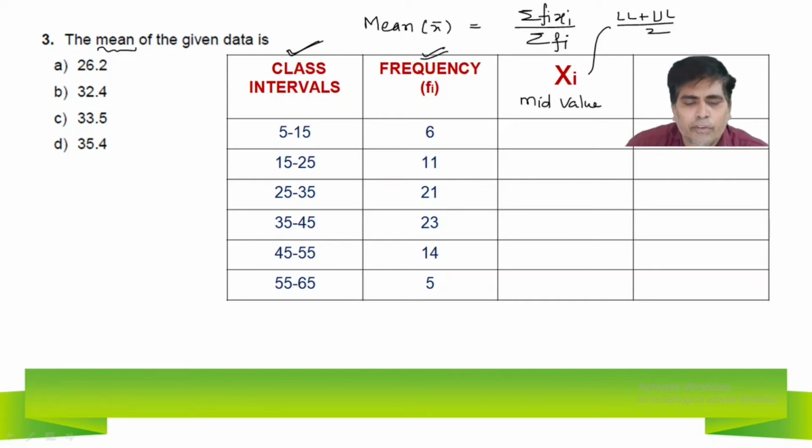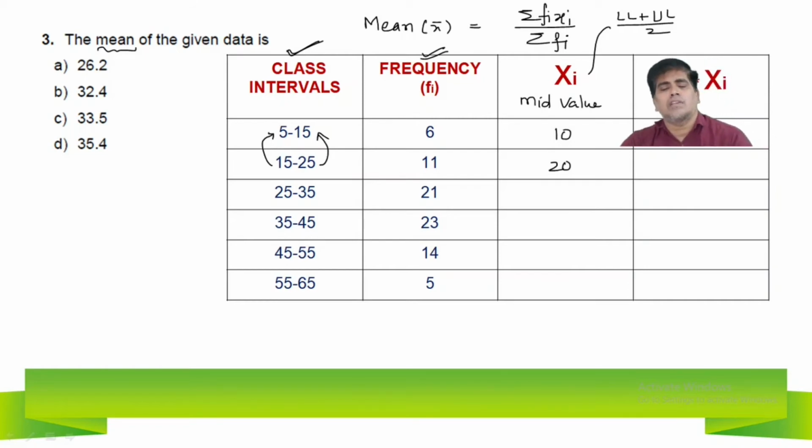So 5 and 15, total 20, and the average is nothing but 10. Then 15 and 25, total is 40, and the average is 20. Based on this we can find other mid values. Simply we can add 10 to that one. Why? Because the class length is 10 here: 15 minus 5 is 10, 25 minus 15, the class length is 10.